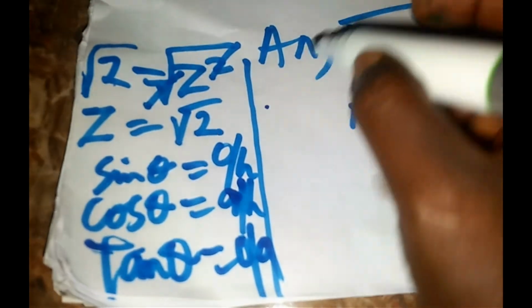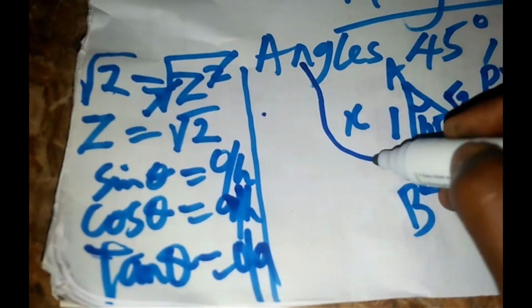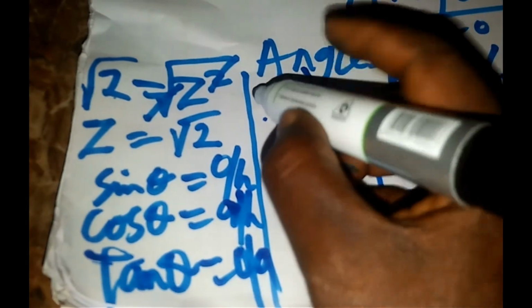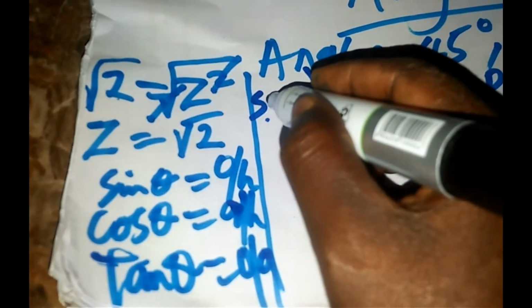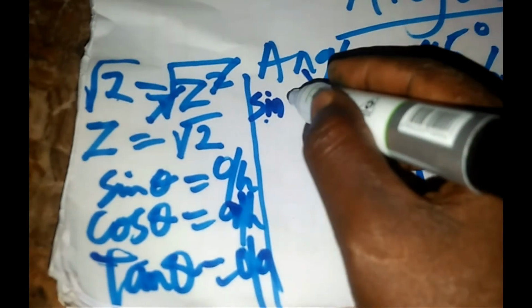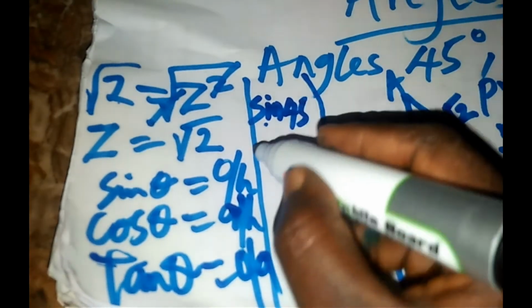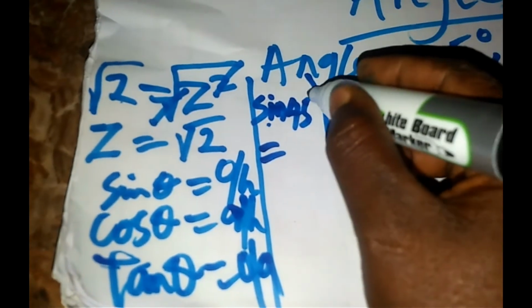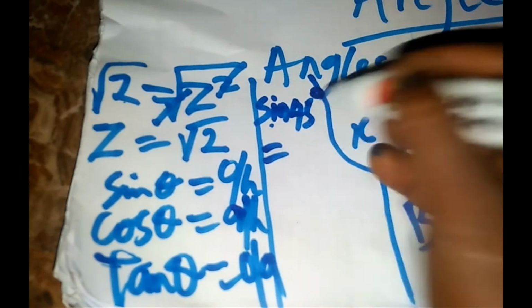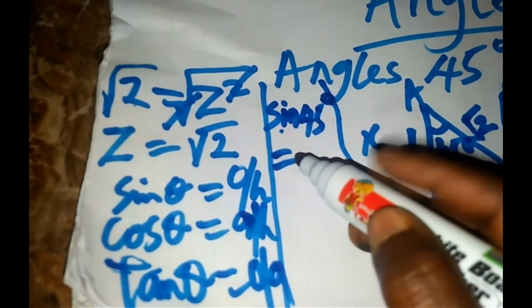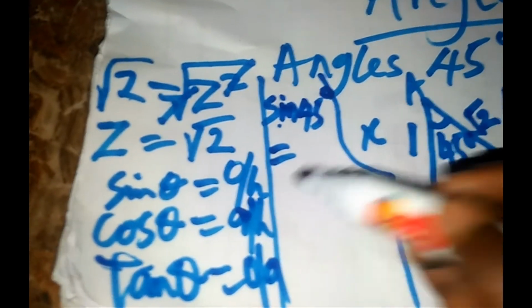So if we have sine 45 degrees, I'm going to manage the available space. Sine 45 will give us opposite over hypotenuse.